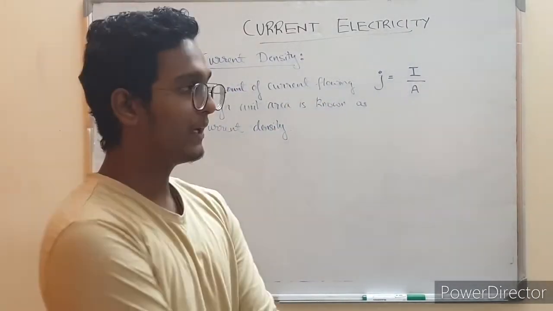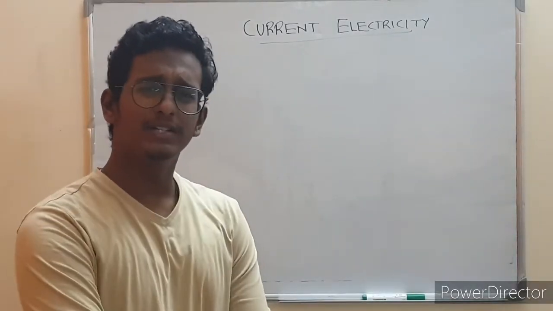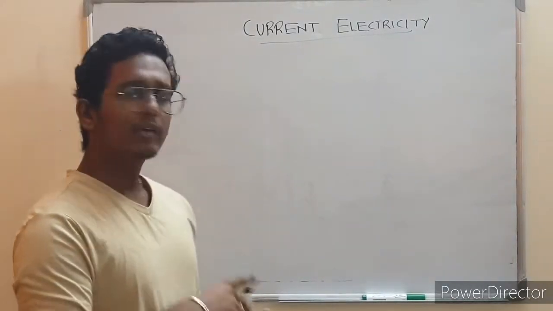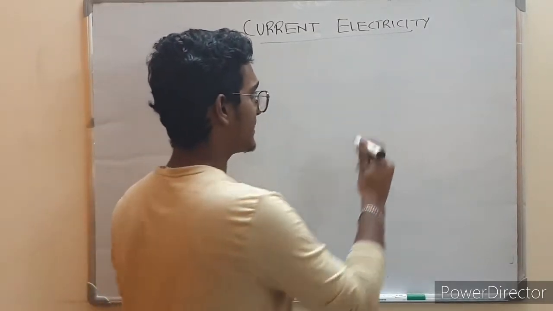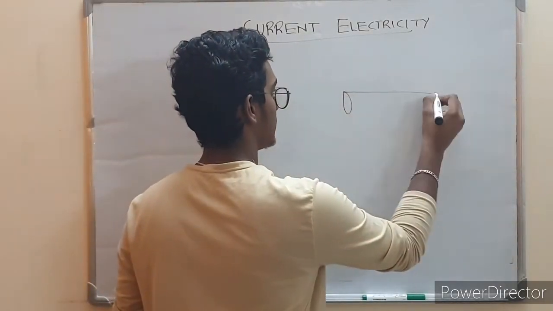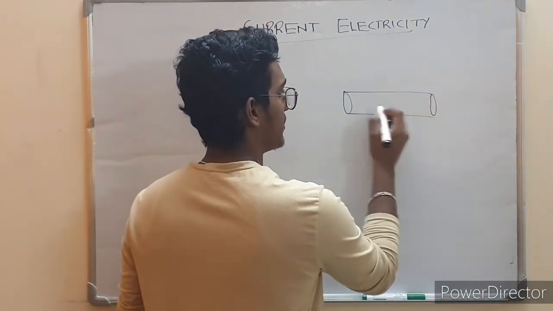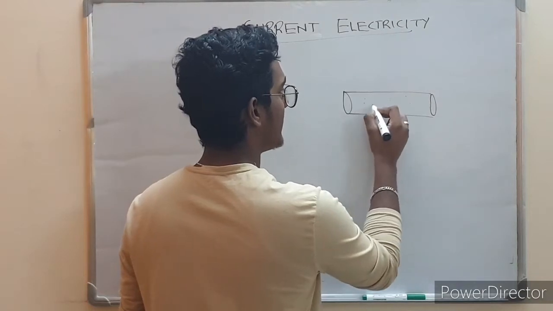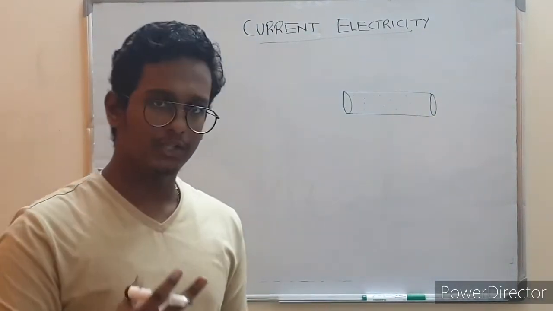Let's go to the second topic, which is the drift velocity of electrons. Okay, so firstly, what is the drift velocity of electrons? If we talk about the average velocity of electrons inside a conductor, let's say this is the conductor. You know there are so many electrons over here. Each of these specks is an electron. All these electrons have random motion inside the conductor.